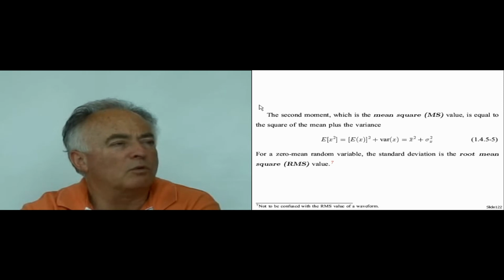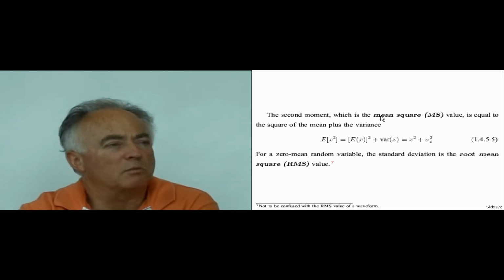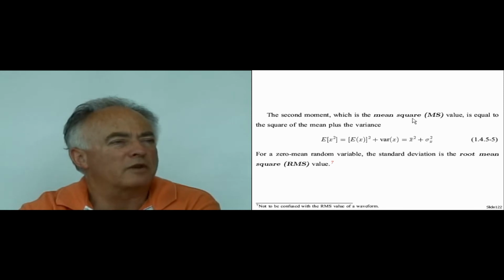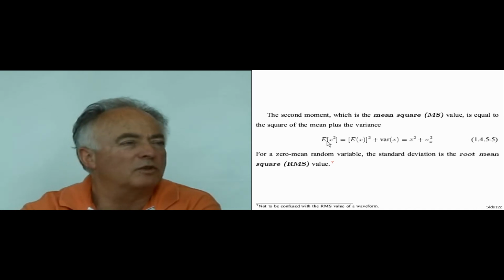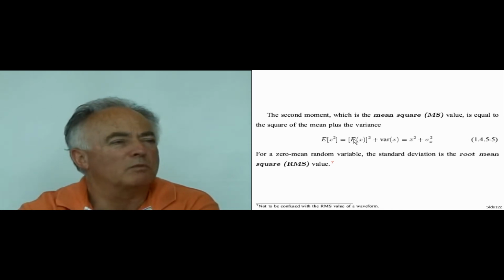Now, the second moment, which is, as already mentioned a moment ago, the mean square value, or MS value, E of x squared, this is now the inverse of the relationship between the mean, the second moment, and the variance. So the mean of the square is the square of the mean plus the variance.